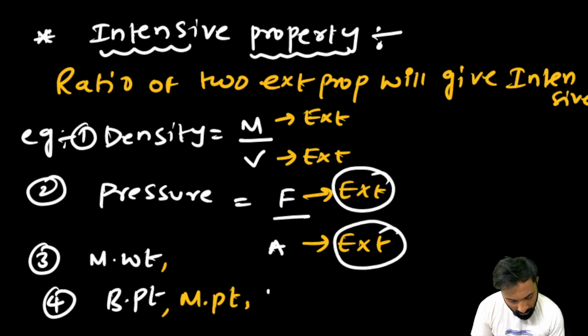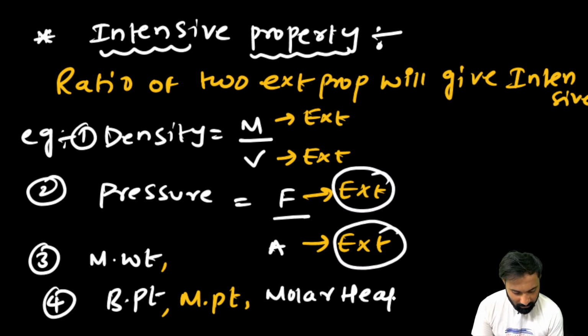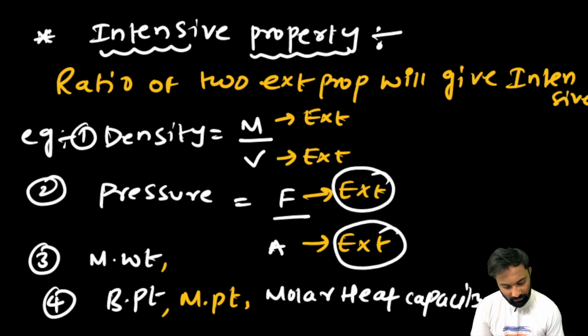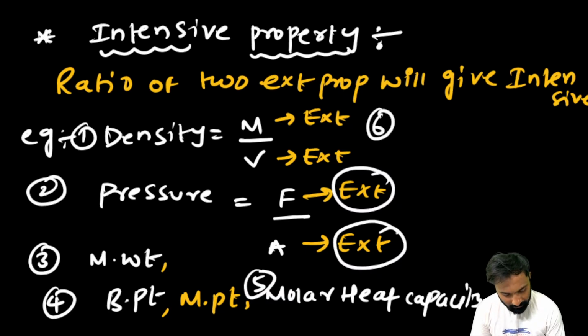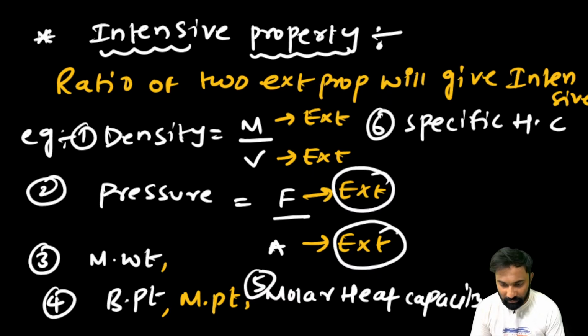Next, molar heat capacity. I will explain very clearly about molar heat capacity and heat capacity. Molar heat capacity will also come under which one? Intensive property example only. The next example we are having is specific heat capacity. This will also come under the intensive property only.